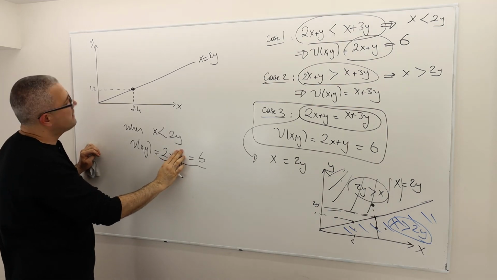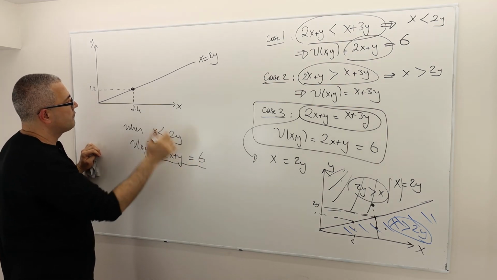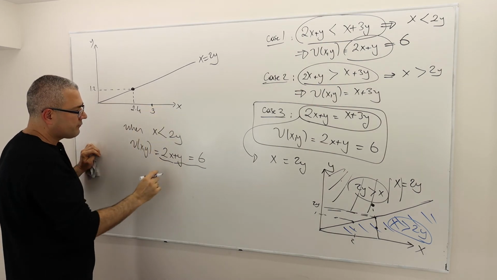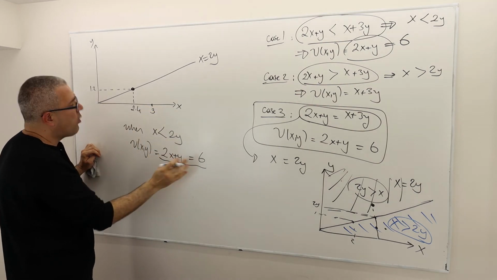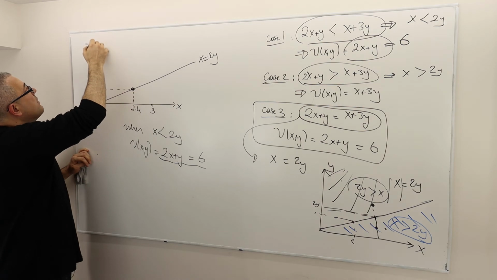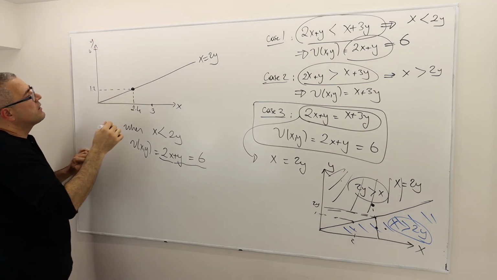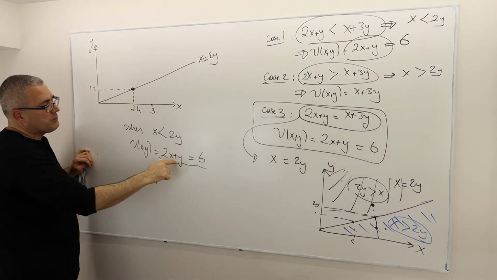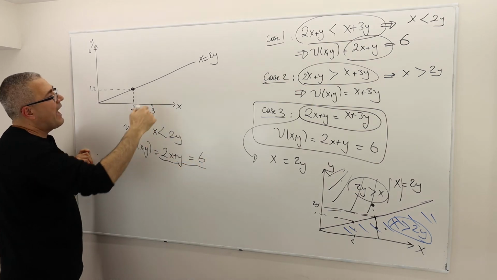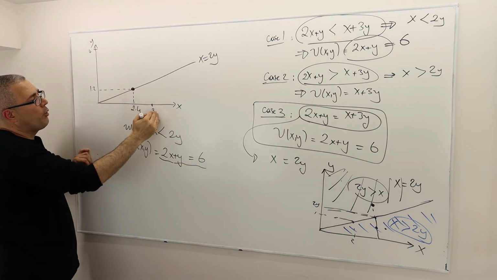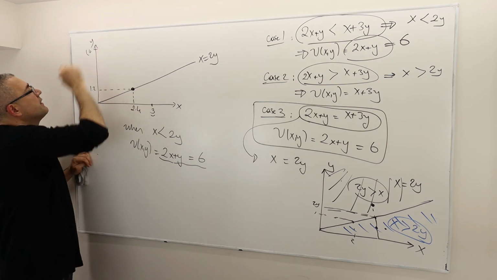Simple. When y is 0, x is going to be 3. So this is 3. And when x is 0, y is going to be 6. Let's suppose this is 6. So therefore, this 2x plus y equals 6 line has to be a straight line connecting this point 3 and this point 6.